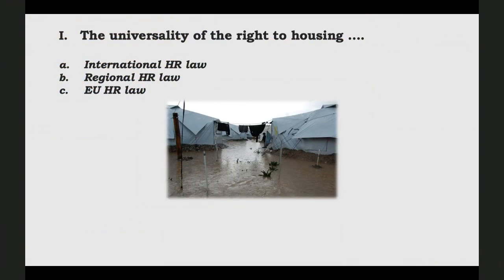Undoubtedly, human rights are universal rights of every person, irrespective of race, color, gender, disability, age, sexual orientation, or gender identity. And as such, the right to adequate housing is guaranteed at national, European, and international level in several legally binding or soft law human rights standards.